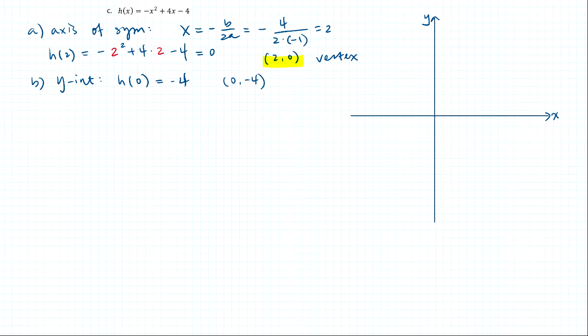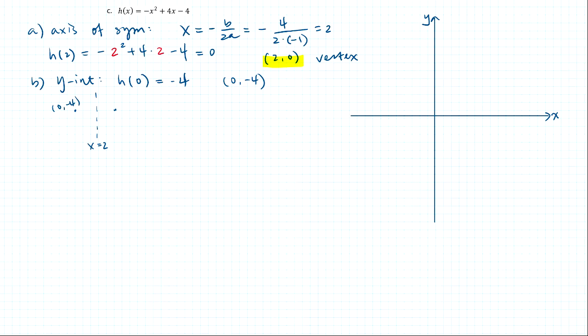And then to find its mirror image, here I have (0, negative 4), the y-intercept, and the axis of symmetry is x equals 2, so its mirror image should be somewhere here. This is just a rough sketch to give you an idea as to where the points are placed in relation to the axis.